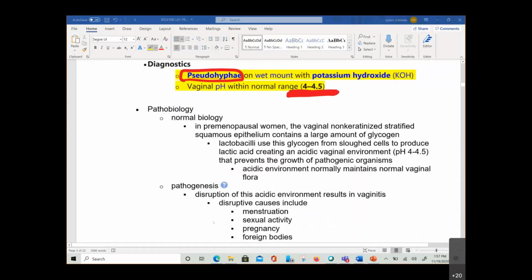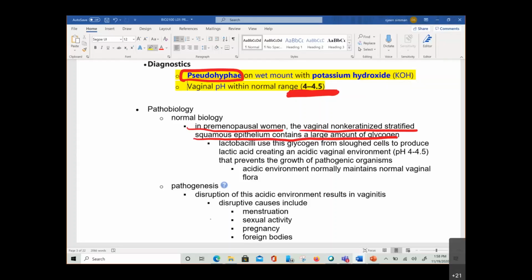Okay. So let's discuss the normal biology. In premenopausal women, the vaginal non-keratinized stratified squamous epithelium contains a large amount of glycogen. Remember, glycogen is the storage form of glucose.